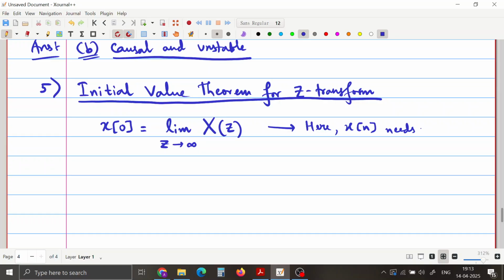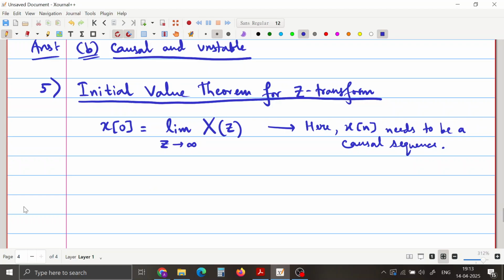So this discrete time sequence needs to be a causal sequence, and particularly we need to assume that x of n is 0 for n less than 0. So we'll assume that it starts at n equals 0 and so on. So it's a causal sequence in that sense. So this is my statement.